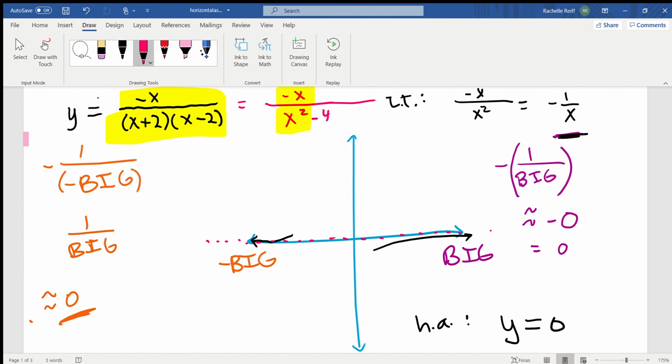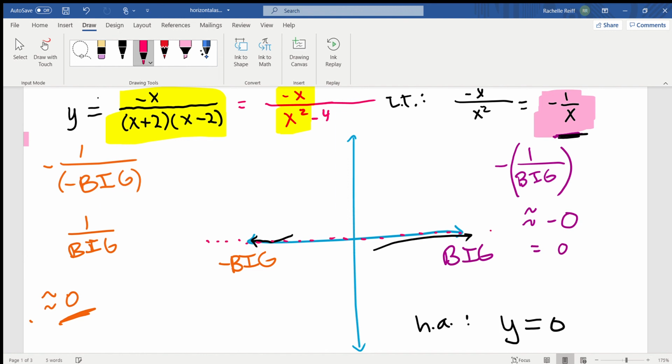Okay, so let's say you're like, I kind of am following this, but I know I'm not going to be able to do it on a test, or I just need something fast. So here's what you're going to do. If you see that your leading term has an x on the bottom, eventually this thing will be 0. It could be x squared, or x cubed, maybe it's 2 over x cubed, maybe negative 2 over x cubed, doesn't matter.